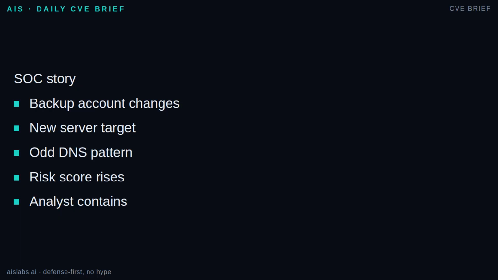The source host also begins resolving external domains it has never used. No single signal proves compromise. The risk score rises because the entity changed in multiple ways at once. The analyst checks the job schedule, owner, and change ticket. No approved change exists. The team disables the account, isolates the source server for investigation, and rotates secrets tied to that workflow.